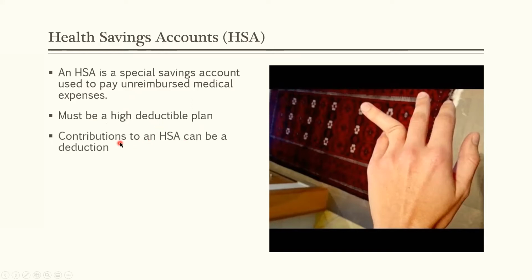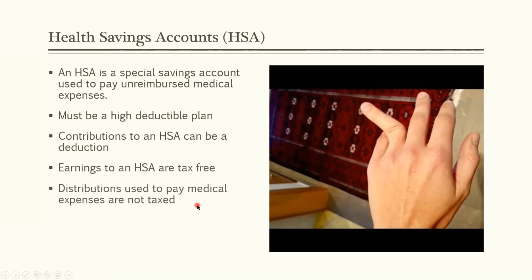If you contribute to an HSA, then those contributions may be a deduction to you, and earnings in your HSA are tax-free. As long as you use the distributions for medical expenses, you are not taxed on those. So you get a nice pre-tax benefit for your contributions, you get some tax-free earnings, and then as long as you use it appropriately, you are not taxed on your distributions.